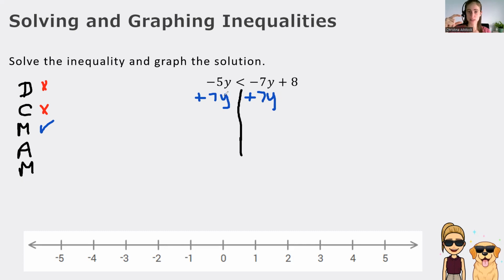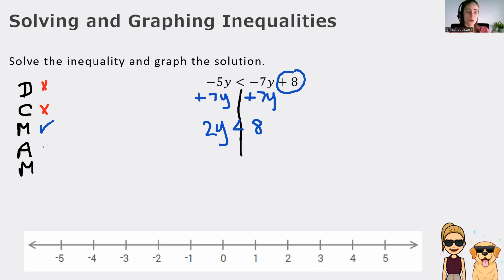Because their signs are different, we subtract and keep the sign of the heavier number, giving us +2y is less than +8. And because it was a +8, I don't have to write that plus sign there anymore, because when nothing's there, that just automatically means positive.